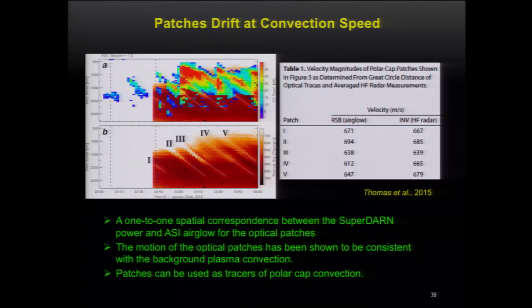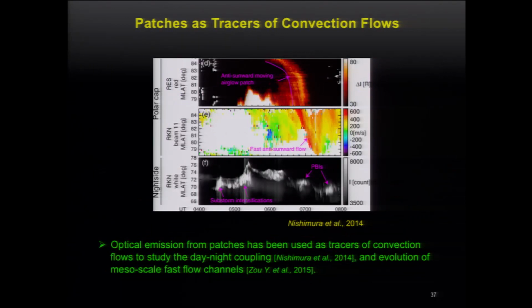The plasma velocity is around 600 to 700 meters per second. And so this demonstrates that we can use the patches as tracers for the polar cap convection. They have already been applied to study day-night convection coupling and the evolution of the mesoscale fast flow channels in the polar cap.